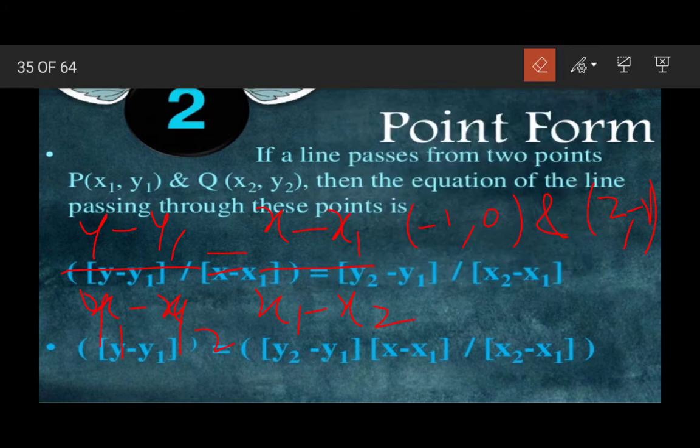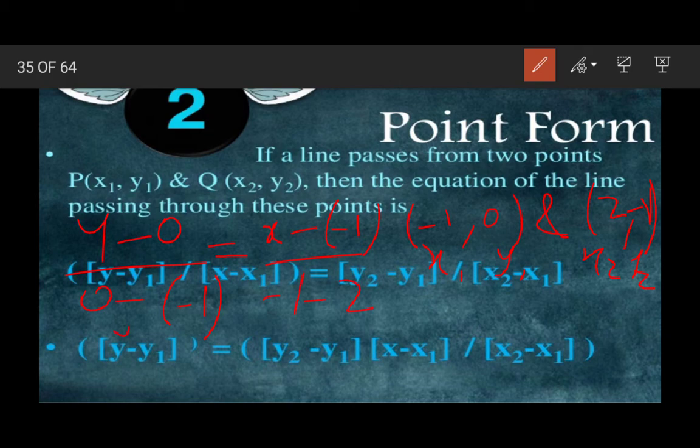Let's put in the values. Here x1, y1 is the first point and x2, y2 is the second. So y1 is 0, giving 0 minus -1 equal to x minus x1, which is -1, upon -1 minus 2.